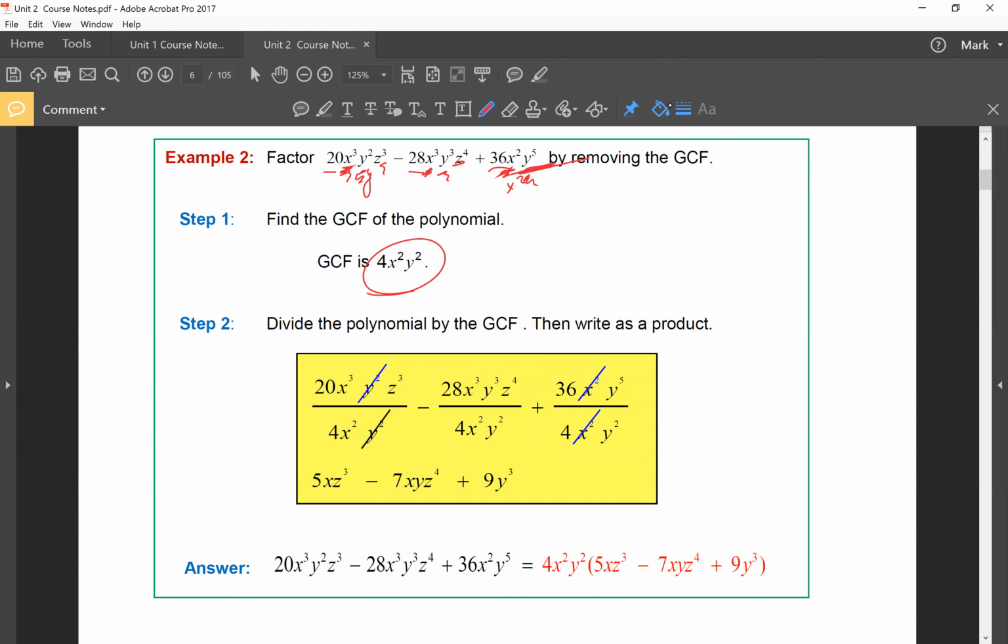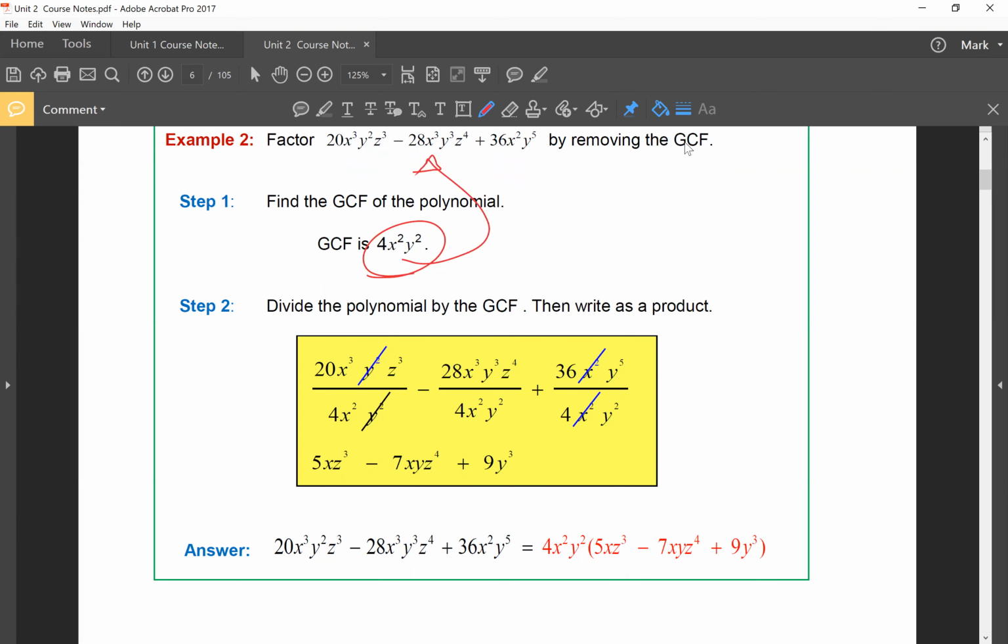So I can remove a 4. Again, think about it. From every one of these numbers, I can take away a 4. I can take away at least 2 x's. I can take away at least 2 y's, and well, no z's. Now what I do is I divide each one of these terms by that GCF to see what's left over.